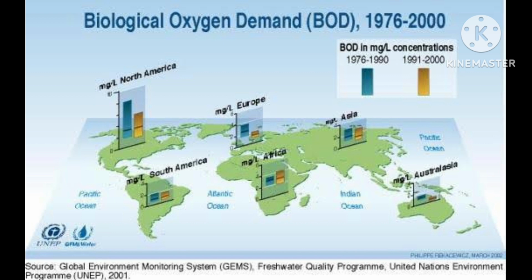In water, oxygen is required for their life. For that purpose, how much dissolved oxygen is there is important. If dissolved oxygen is not present in water, then fishes, frogs and other aquatic life will not survive, they will die. For that purpose, the presence of oxygen in water is required.